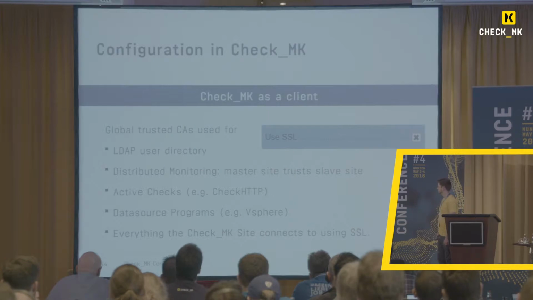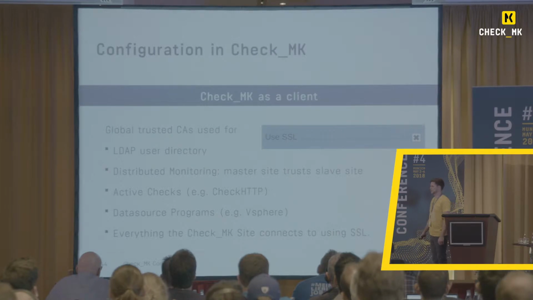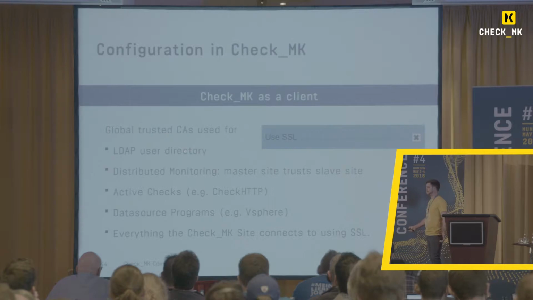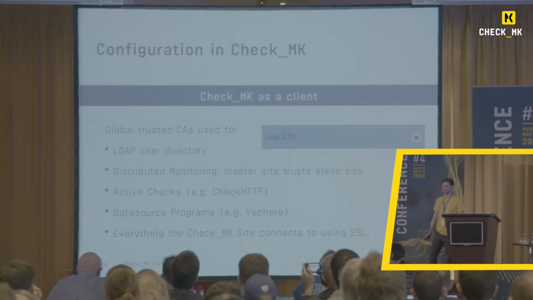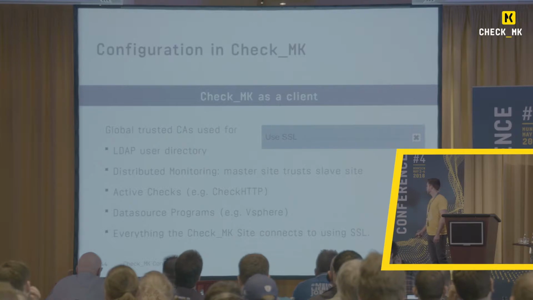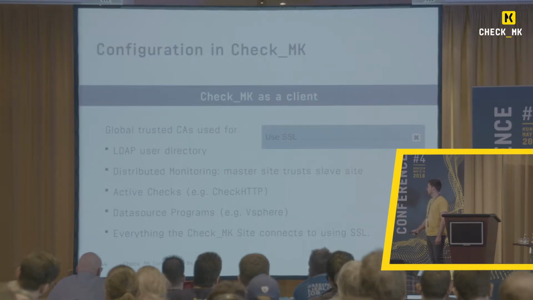So what is that going to look like? If you now look at all these different SSL connections that you might find, so the LDAP user directory where you get your users from, that's now secured by SSL. If I now have distributed monitoring, so I'm now talking about a WATO configuration, in that case the master then has to trust its slave sites.